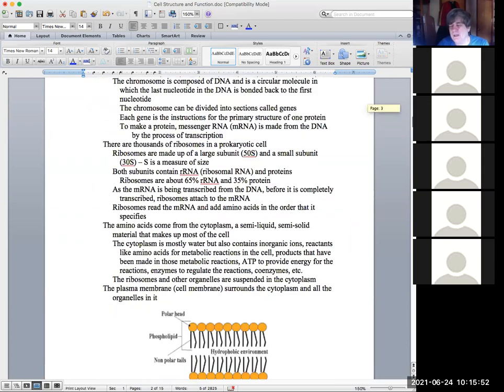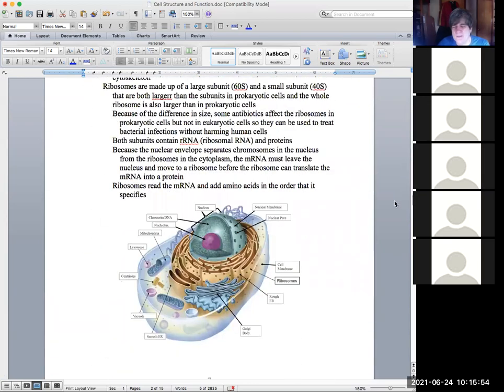Now, in a eukaryotic cell, because the cell is so big, these little dots here represent our ribosomes. We could be making a protein here, but we might want to use the protein way over here. So we're going to have a very well organized transportation system to get the proteins to where they're finally located.